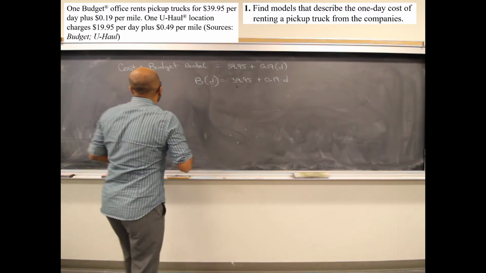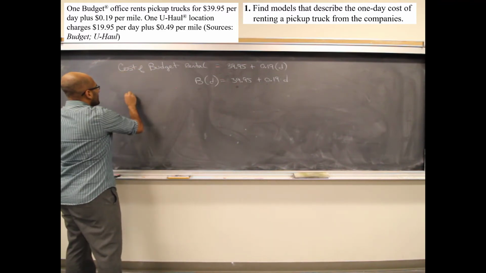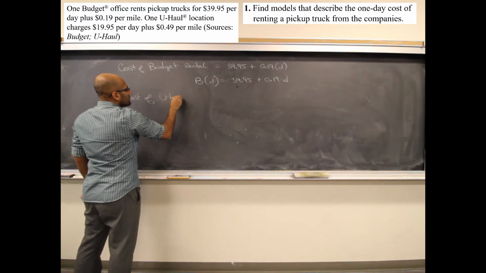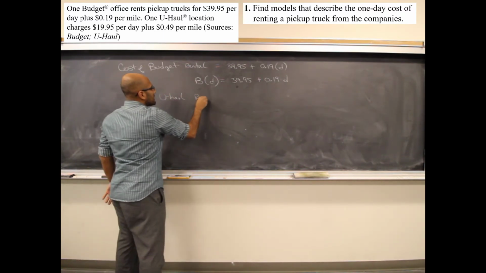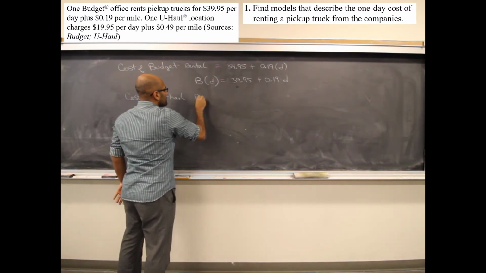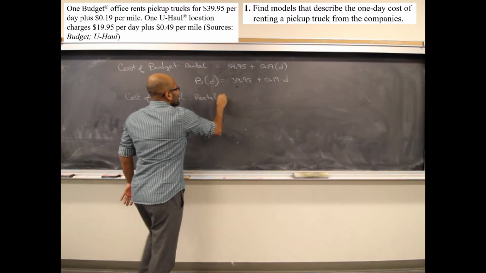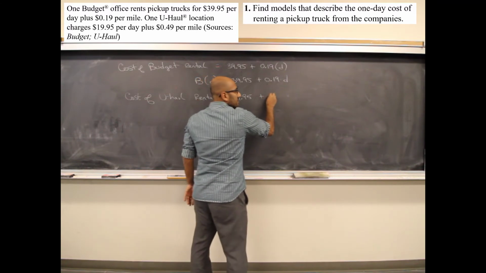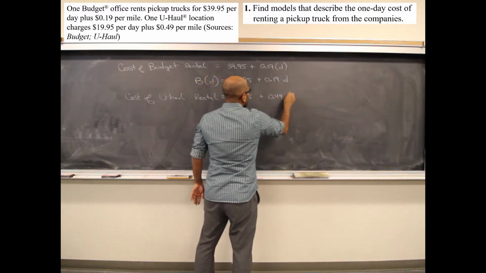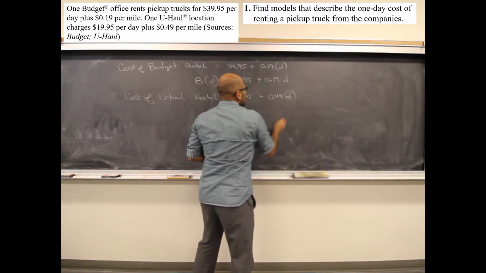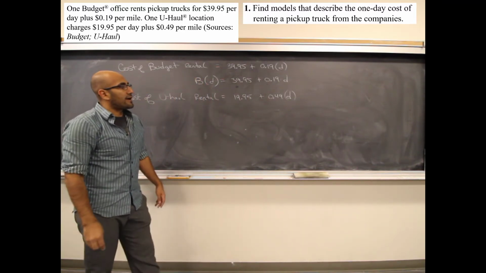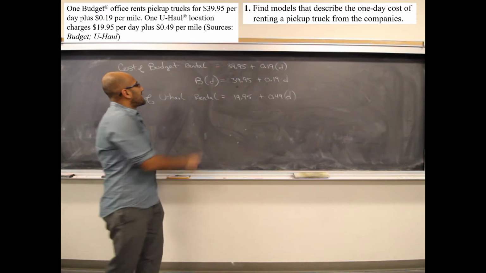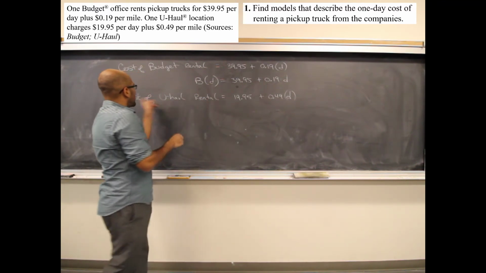Okay? What about the U-Haul one? So the cost of a U-Haul for a one day rental. Well, that one is $19.95 plus 0.49 times D, where D is the distance that you traveled in miles. Make sure that the units match. Okay, and again, this whole sentence is kind of weird.